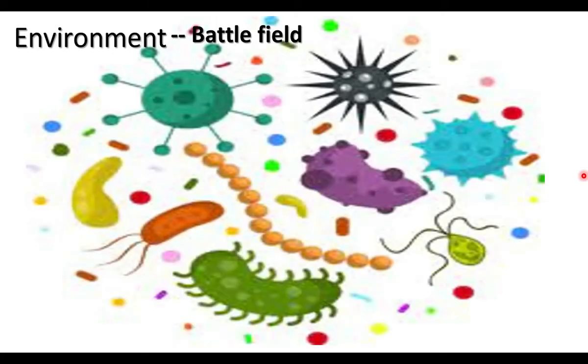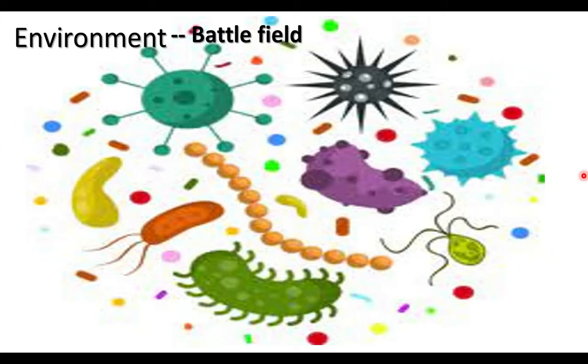We live in our environment. We are surrounded by our environment. Our environment is like a battlefield because the environment has a wide range of disease-causing organisms. Our body has to fight with these disease-causing organisms.